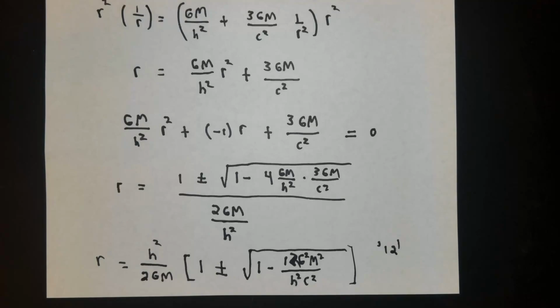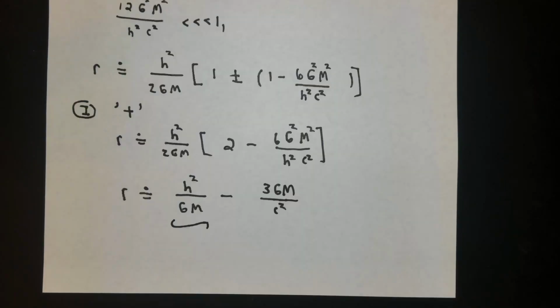On the other hand, if this quantity 12 G squared M squared over h squared c squared is very small, then I can ignore it when I subtract it away from 1 and investigate what results in that case.